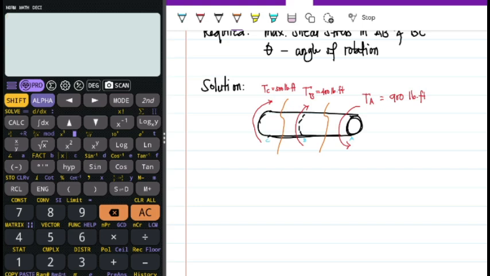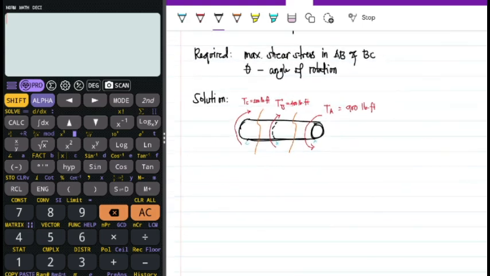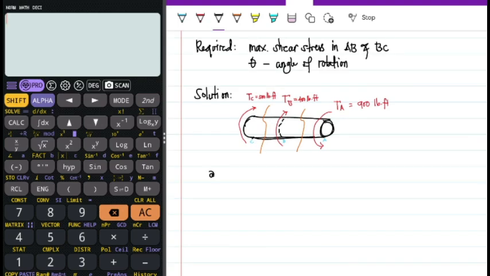So for this example, if we put our right hand on top of the cross section of our tube and curl our fingers, you can notice that T sub A indeed follows the natural curl of our hand. So therefore, T sub A here is positive.